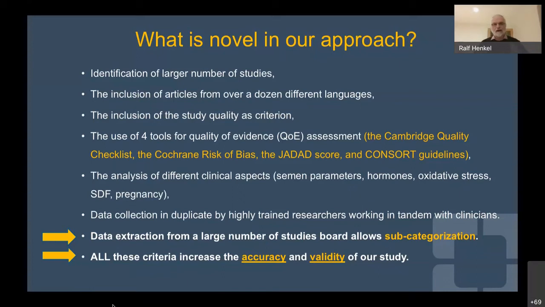But with the large number of studies that we go into with our analysis, we will have fewer problems with subcategorization. And all these criteria that I mentioned will then in the end lead to higher accuracy, higher validity of these studies, and better outcome, better advice and counseling for our patients.